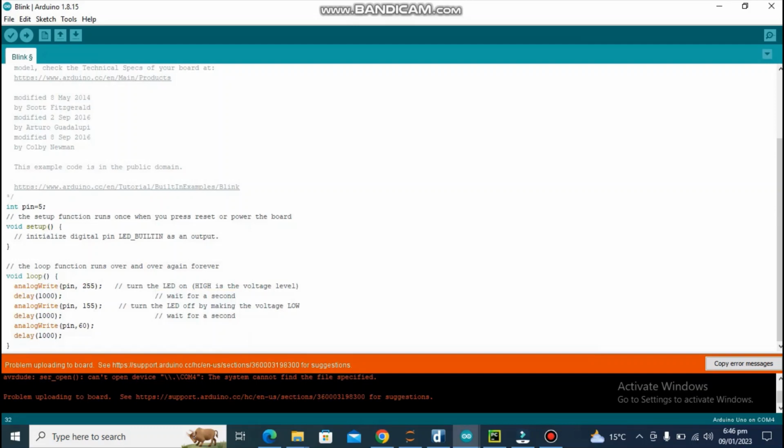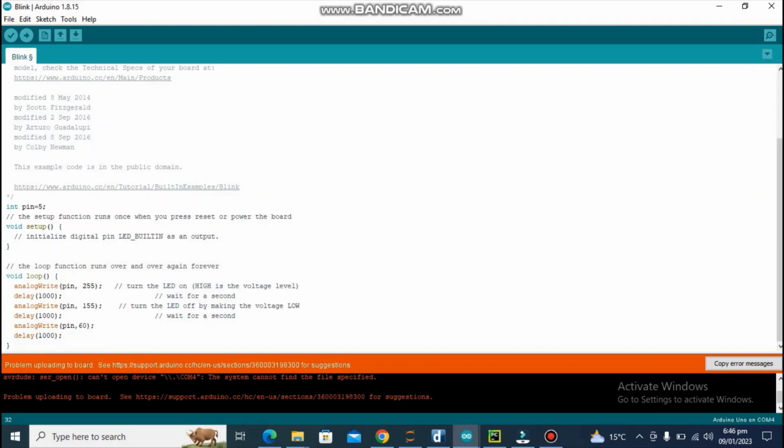Now let me clear you that we can use pulse width modulation values from 0 to 255. 255 means that the output voltage will be maximum on the pin, means we shall get 5 volts if we use the value of 255.